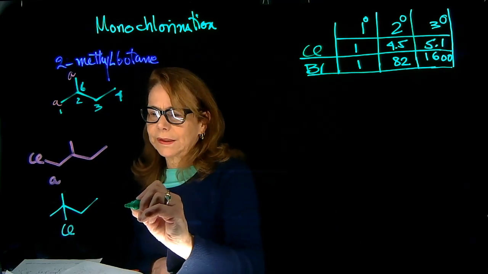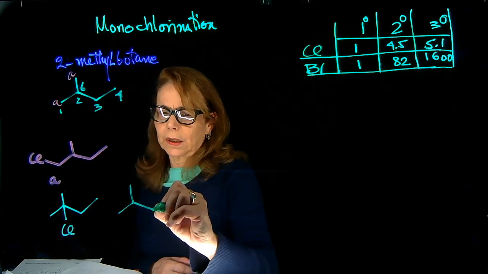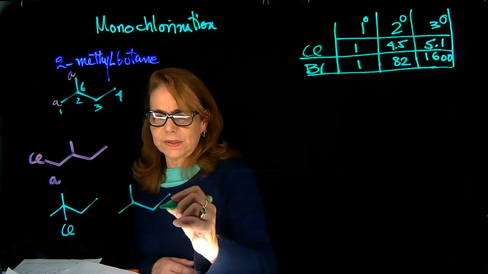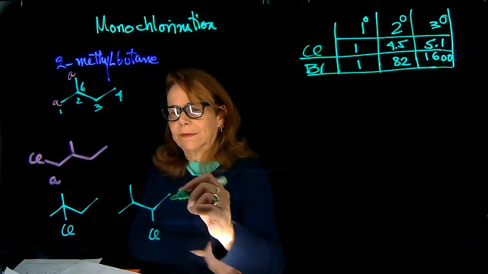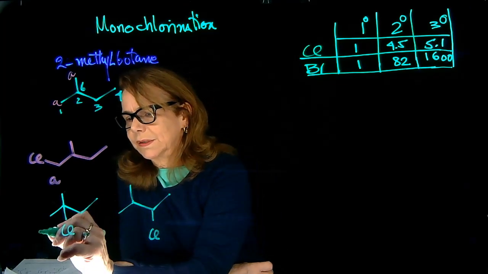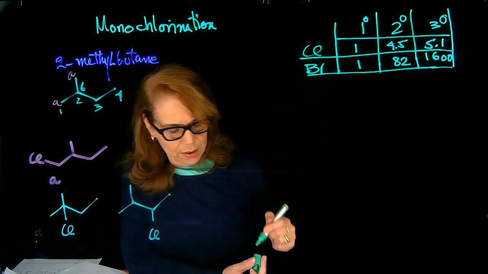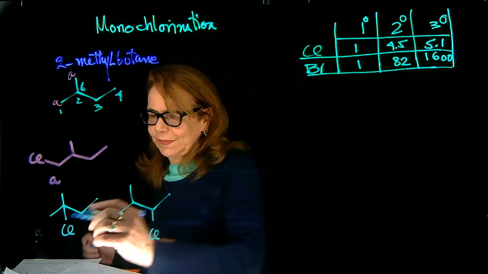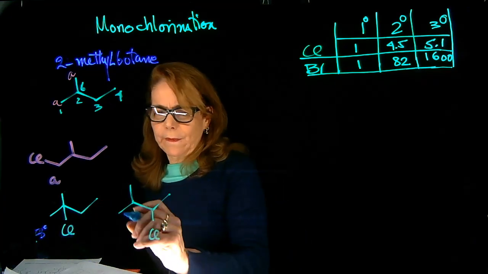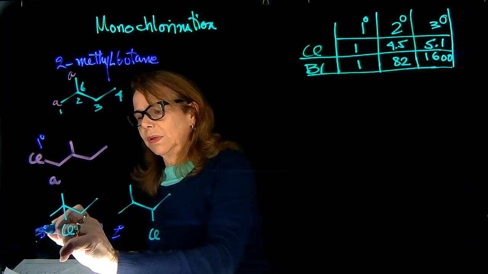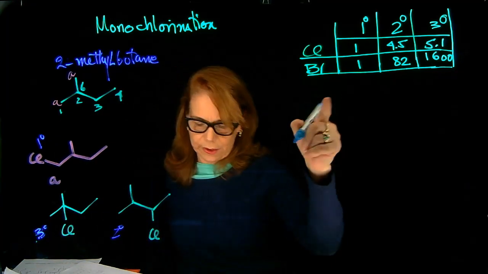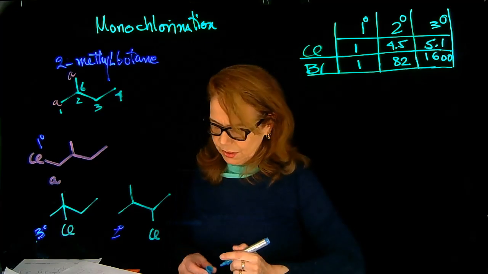Another product that can form is if I replace one of the H's in 3. So I'm going to have this product. This was tertiary here. That is actually secondary. That's primary. And now we're going to use this to calculate the percent yield of each one of them.